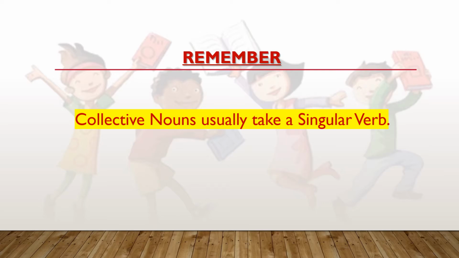For example, a herd of cattle, a bunch of keys. So these words, herd and bunch, they are collective nouns. And we consider collective nouns to be singular subject. And with singular subjects, we always use singular verb. So for collective nouns, the verb that will follow them will always be singular.